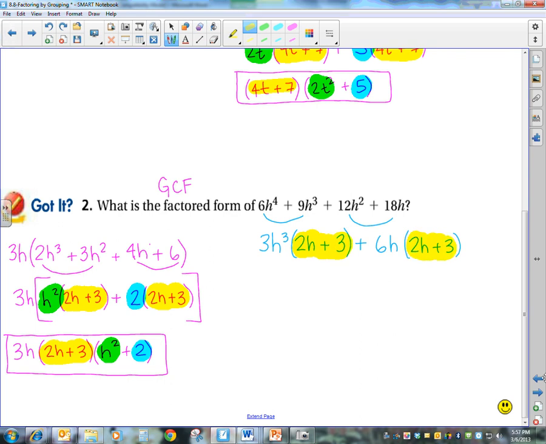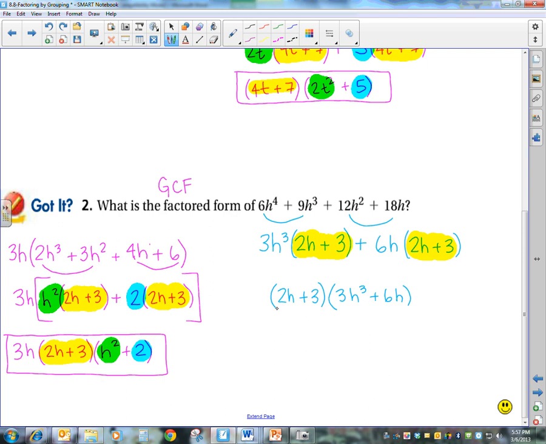All right? So then I take out that common binomial factor, which is 2h plus 3. And what I have left is 3h cubed plus 6h. So every time you're working, you're getting down to a binomial.